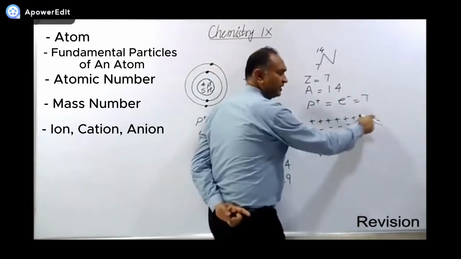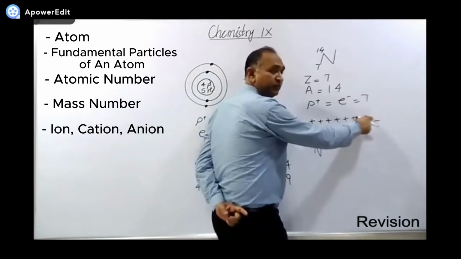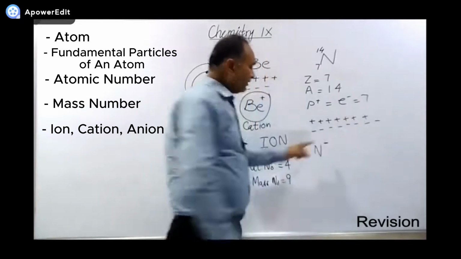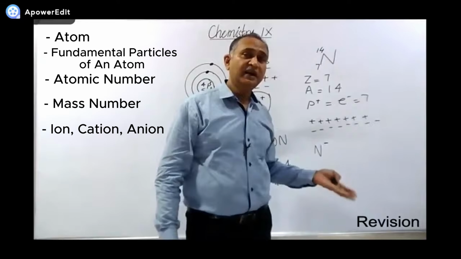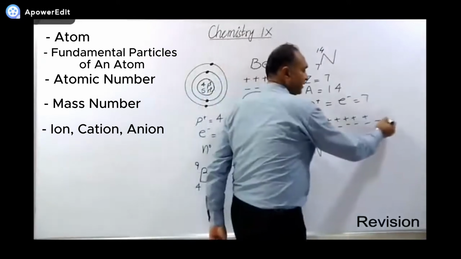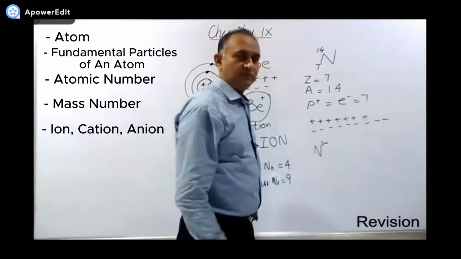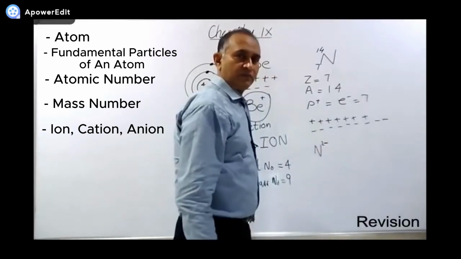Now there is an unbalance. After taking an electron, we will not write it like this, but we will write N minus. 1 minus means it has absorbed 1 electron. Suppose it accepts 2 electrons, we should write 2 here.